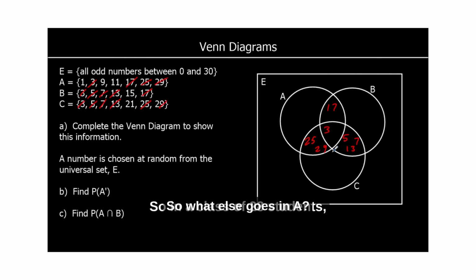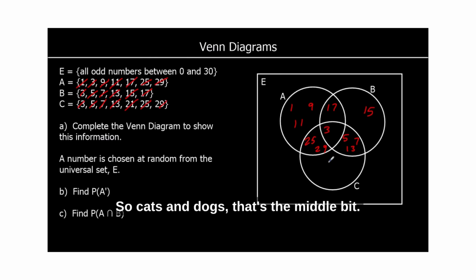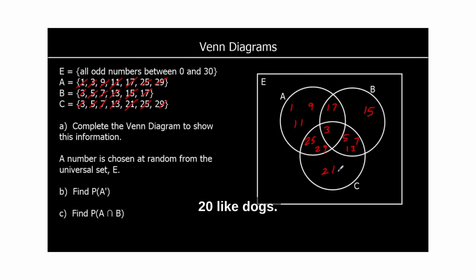So what else goes in A? 1, 9, and 11. What else goes in B? It's just 15. And in C, we want 21. Are there any numbers on the outside?